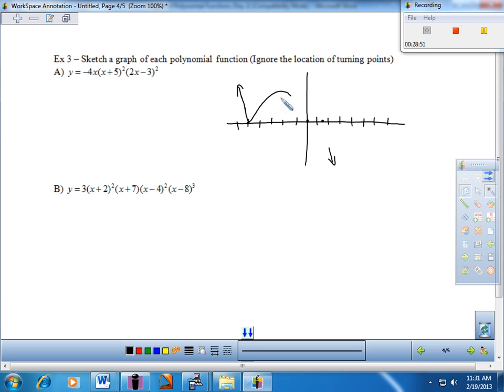And now there's got to be a max somewhere in here because it has to come on down to this 0. Touch or cross there. Probably a cross because it's a single factor right there. And then let's go ahead and get the next one. Somewhere between here and here is a minimum. So it's below the x-axis, but it's coming back up. Touch or cross. And it touches and goes on down.